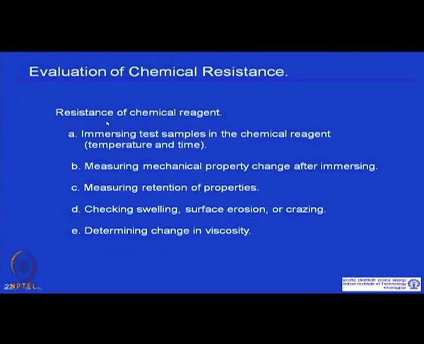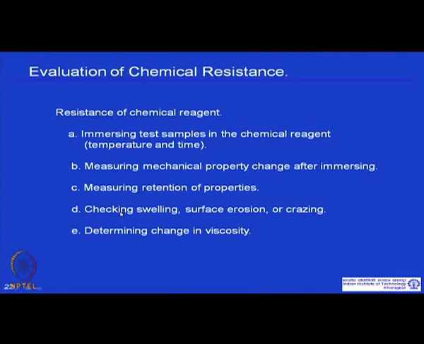In case of chemical resistance, we immerse the test sample in that particular chemical agent at a particular temperature and for a specified time, and after that we take out the material and measure the mechanical property change, whether it survived or not.